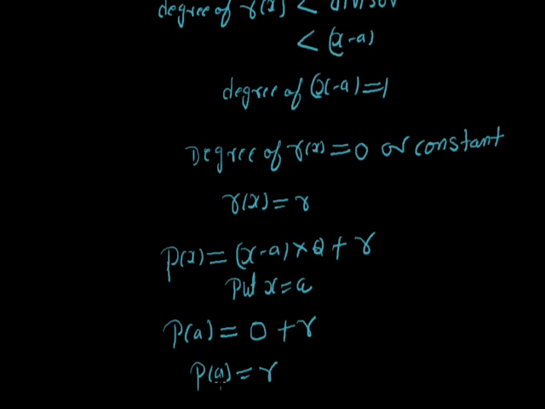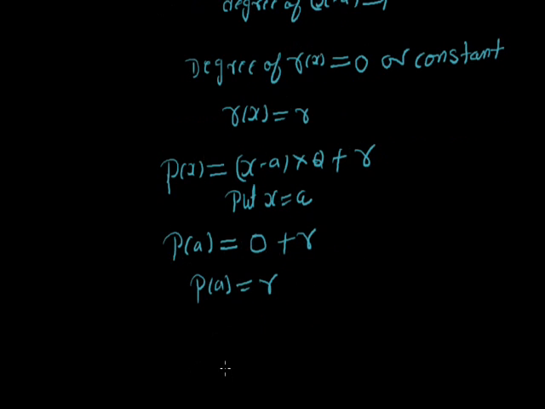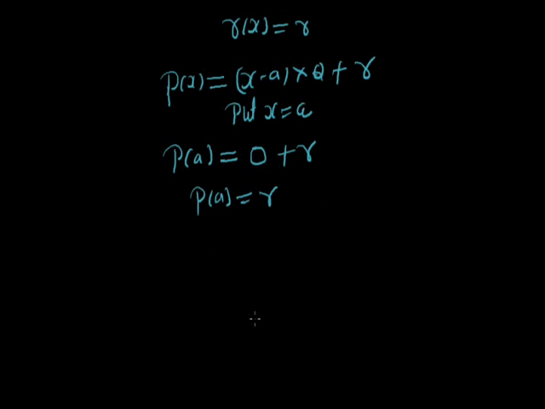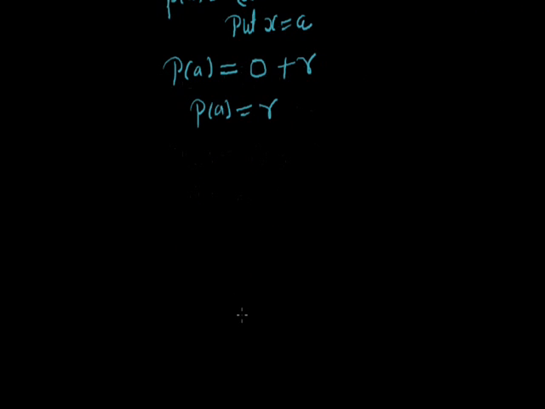Looking at this equation, we can say that the remainder is equal to p(a). So this is the remainder theorem. It was the proof that if we divide any polynomial p(x) by x minus a, then the remainder is given by p(a). This theorem is basically used when we have to find the remainder directly.